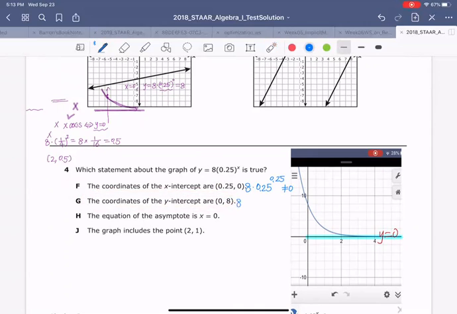The reason is because 0.25 to the power 0 is 1, so this equals 8, right? Yes. This one says the asymptote has the equation x equals 0. No, that's not true. You have a graph like this. Your asymptote is the x-axis, which is y equals 0, not x equals 0. x equals 0 is the y-axis. Let's say this one more time. x equals 0 is which axis?